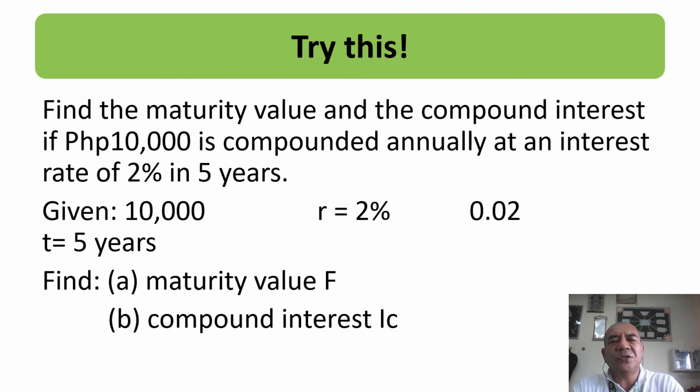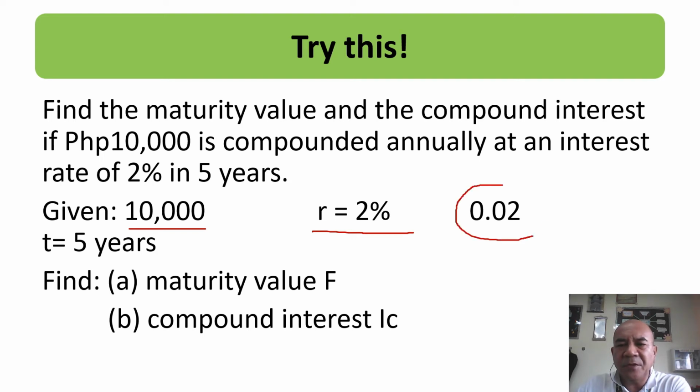Try this. Find the maturity value and the compound interest if 10,000 is compounded annually at an interest rate of 2% in 5 years. So to solve this, what are the given? You write the given, that is 10,000, that is the principal. Then the rate is 2%, which is equivalent to 0.02. You simply divide 2% by 100, that is 0.02.